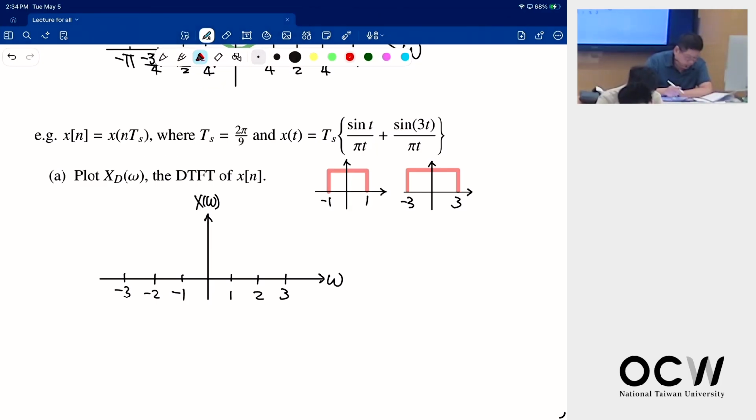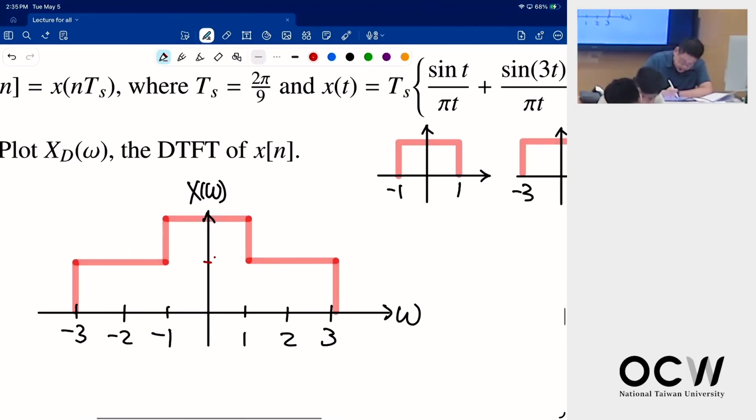Okay, overall it should be this. So here is Ts. This is 2Ts.